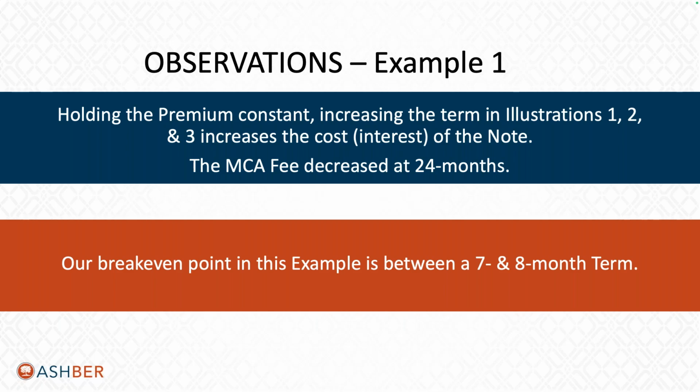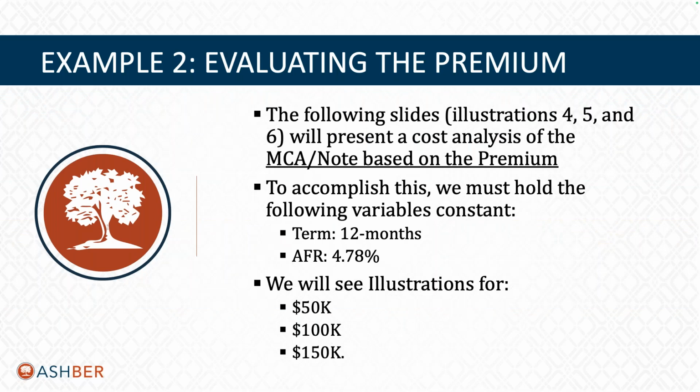And as I mentioned, our break-even point in this example is between 7 and 8 months. So if you've got a $100,000 investment amount under this climate, anything longer than 6 months, I think an annuity is probably going to be the appropriate economical device to use for your client.